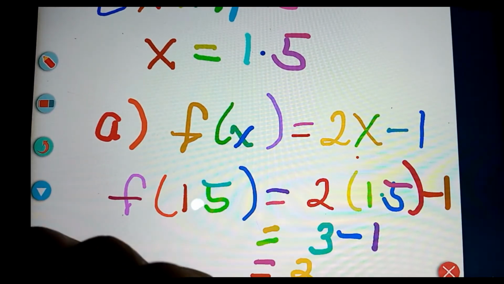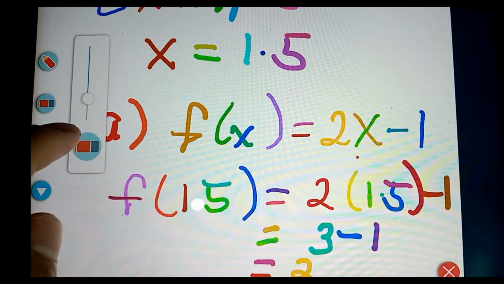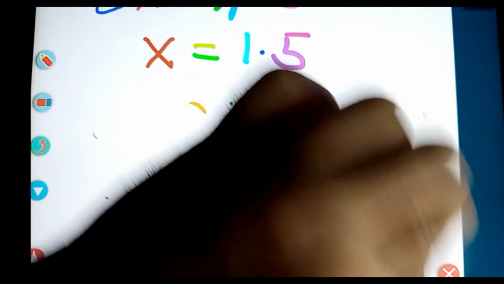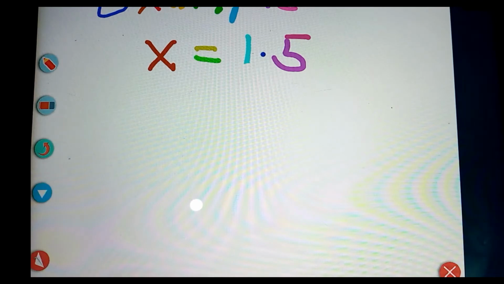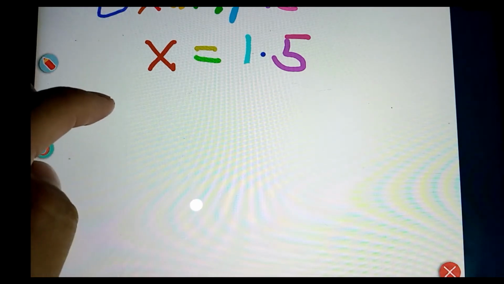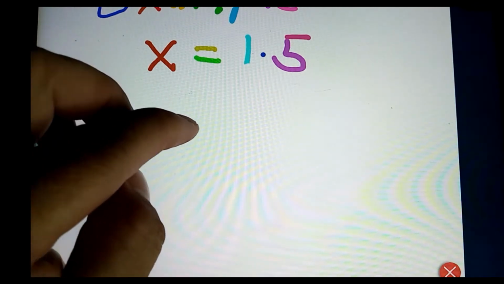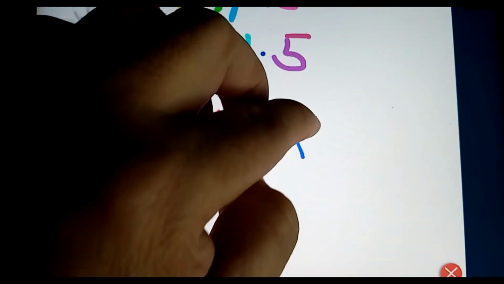Next example. Again, we have the value of x which is 1.5, for letter B. Given a function g of x equals x squared minus 2x minus 2.